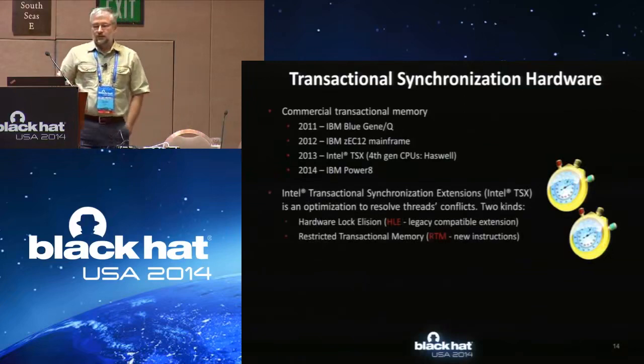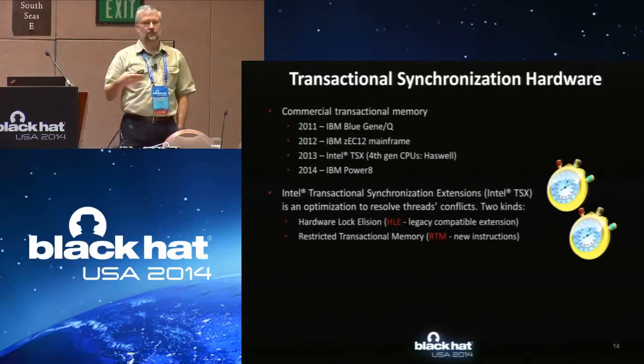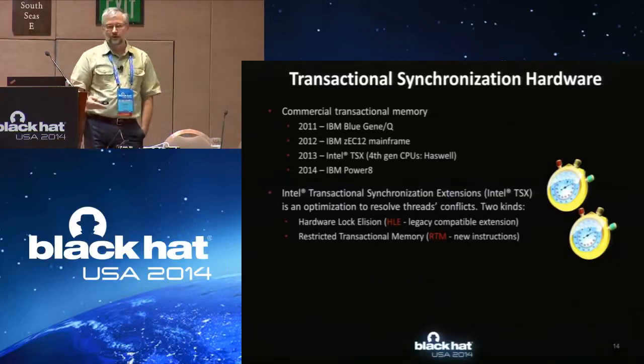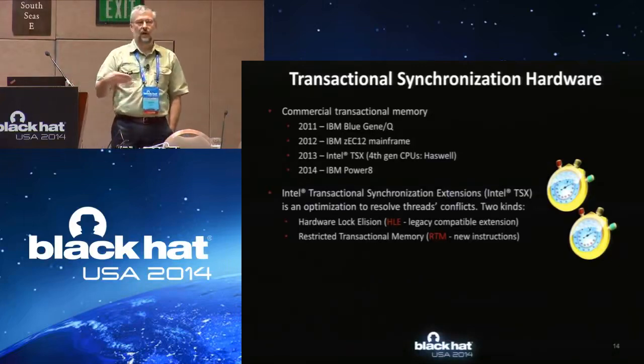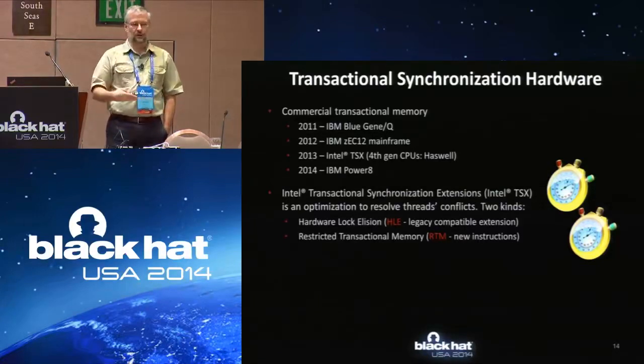Intel Transactional Synchronization Extensions, called Intel TSX, is basically an optimization which is focused on resolving thread conflicts. And it comes in two kinds. There are two methods of introducing it into software. Hardware lock elision, or HLE. And another is restricted transactional memory, RTM.